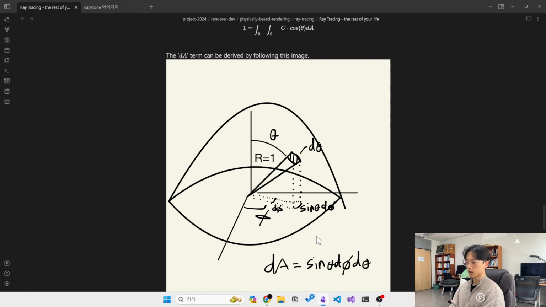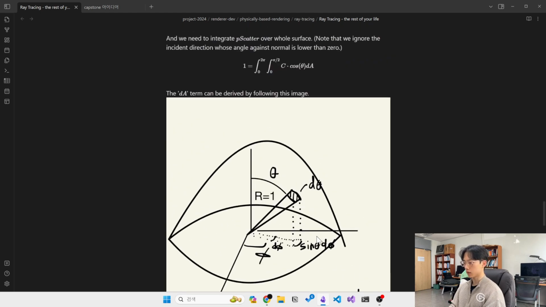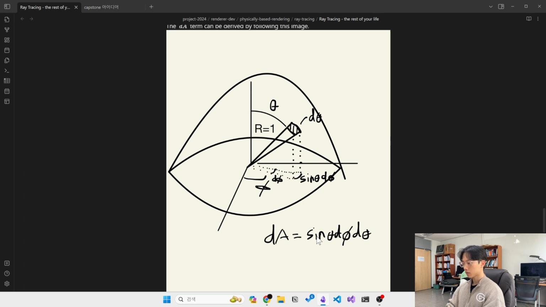And the differential area on the hemisphere can be derived from this following image. So this line is the radius, and this radius is apart by a theta angle from the vertical axis, and this is the xy plane.